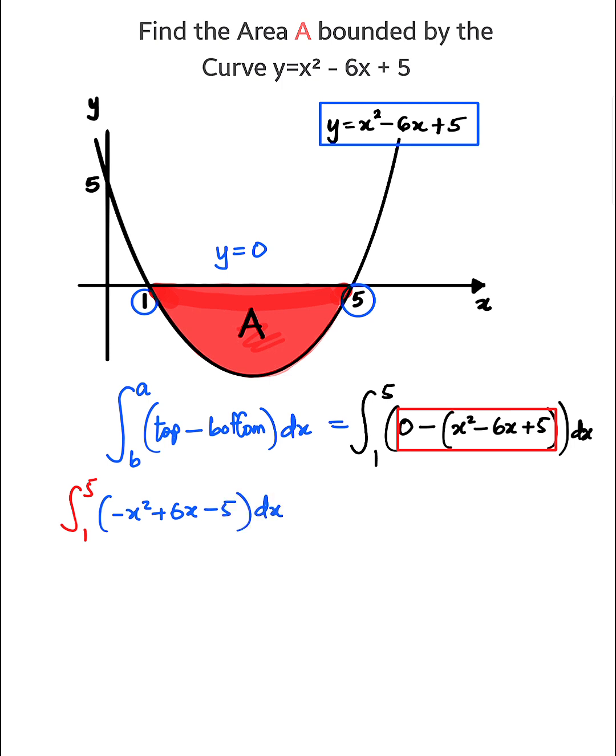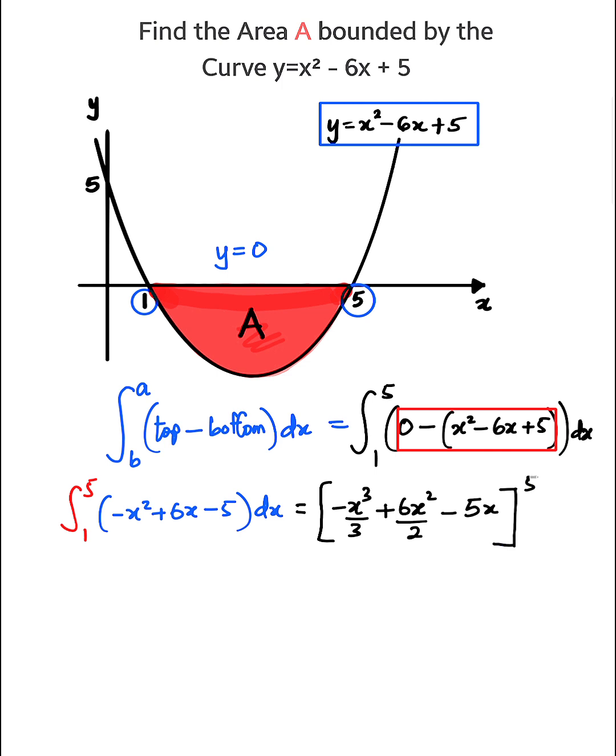So the next thing we need to do is integrate this function inside the parentheses, and this gives us, in square brackets, negative x raised to 3 all over 3, then plus 6x raised to 2 all over 2, then minus 5x. Then you close the bracket.